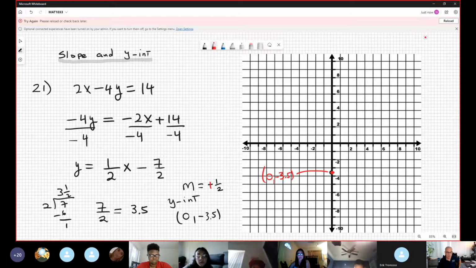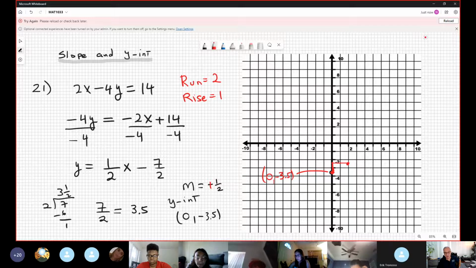So it is obvious that run is 2, the denominator of the fraction, and rise is positive 1. So from this point, you move 1 up, that is the rise, and 2 to the right. 1 and 2. This segment is the run. This segment going up was the rise, and you get the second point here.